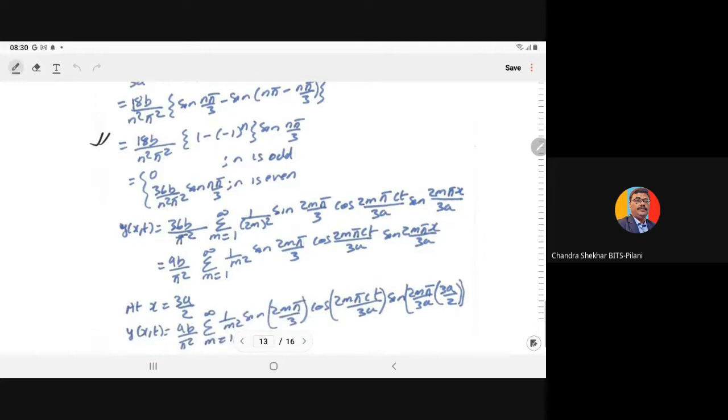So y is the position of the point of the string.